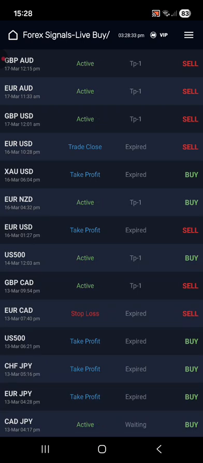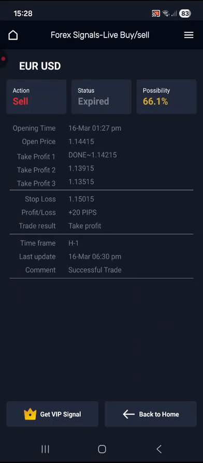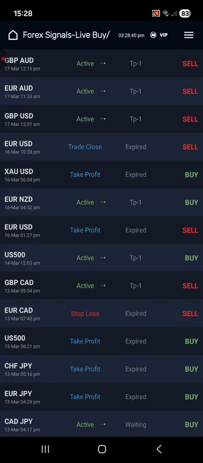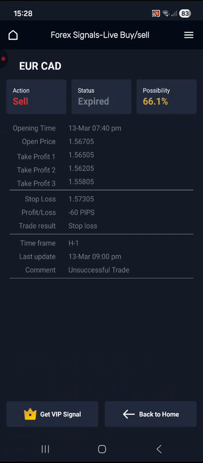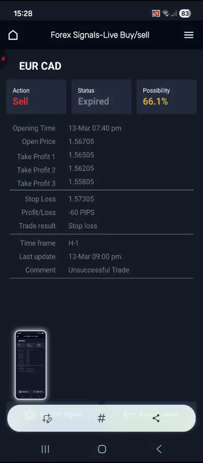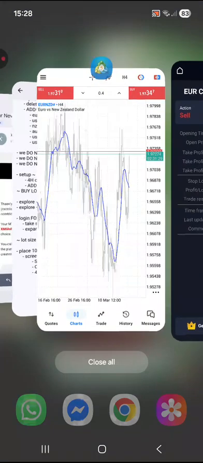Euro USD. This is sell. This is a second Euro USD. We just did a Euro USD. So Euro CAD. This one's already hit the stop loss, but let's see if Euro CAD sell. We're just practicing right now.